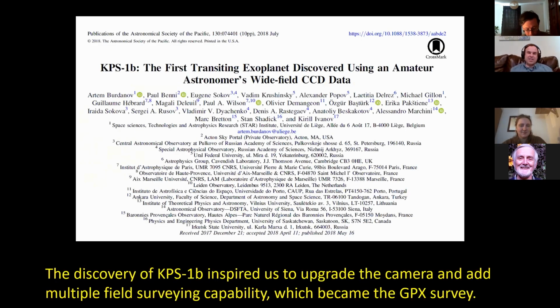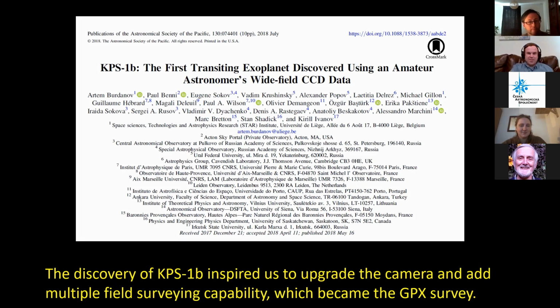And this is the discovery paper. If you look at the authors, they're pretty much from different parts of the world. A lot of ETD observers, professional astronomers, and even the journal itself cited that this is one of the papers that was truly international.